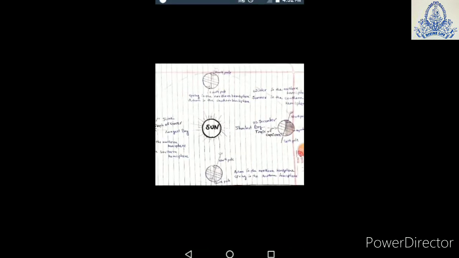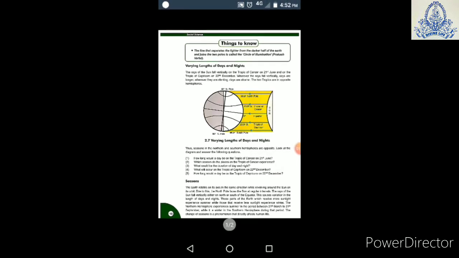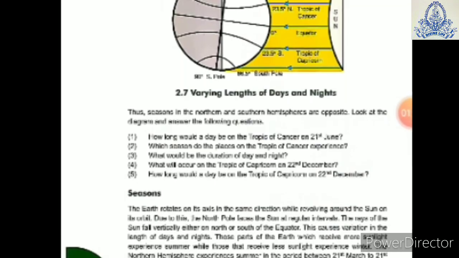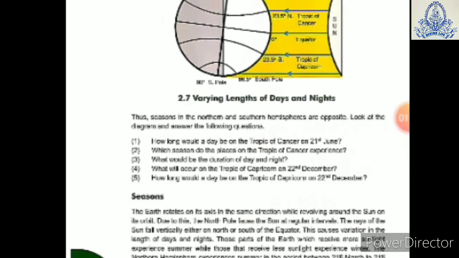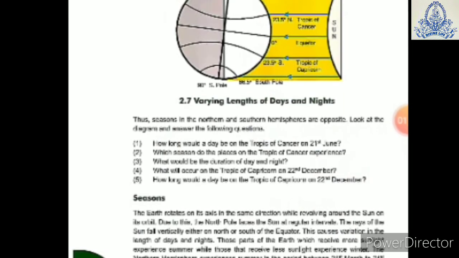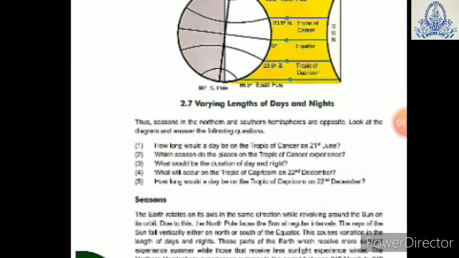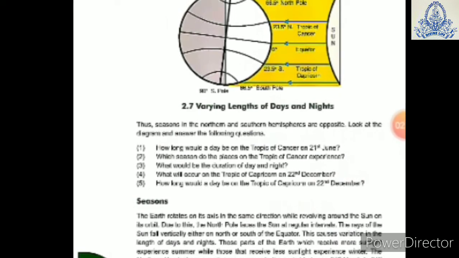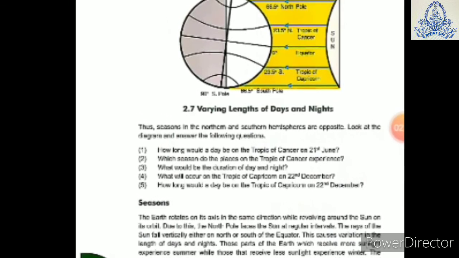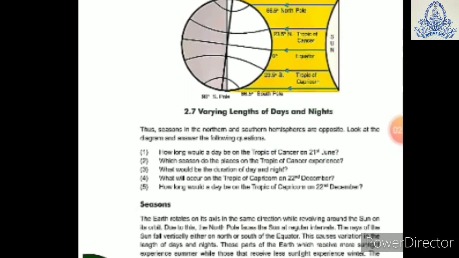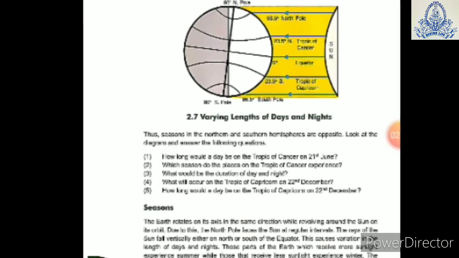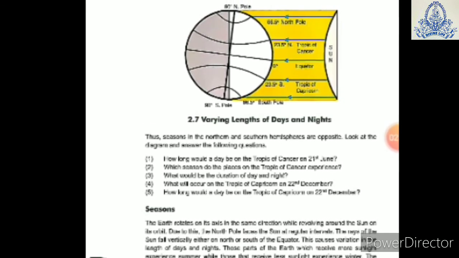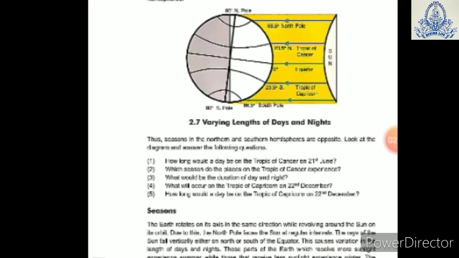Okay, now we will move on to the next point. The next question is: how long will a day be on the Tropic of Capricorn on 22nd December? We already discussed that the hours are not fixed in both hemispheres. Whichever hemisphere is tilted towards the sun will get more sunlight and the day will be long, and away from the sunlight, the day will be short.